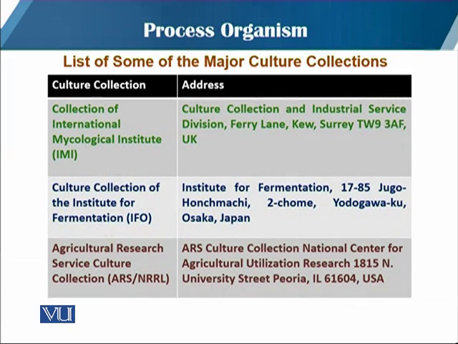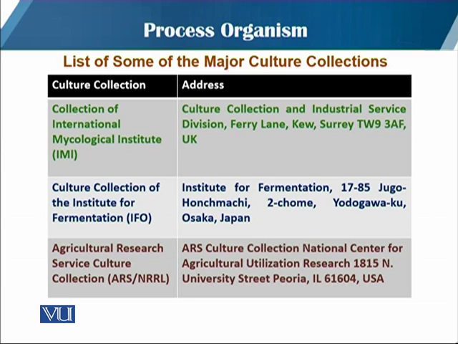The fifth is the collection of the International Mycological Institute, IMI, which also has an address in the UK. The sixth is the culture collection of the Institute of Fermentation, IFO, 17-85, Jago, in Japan.